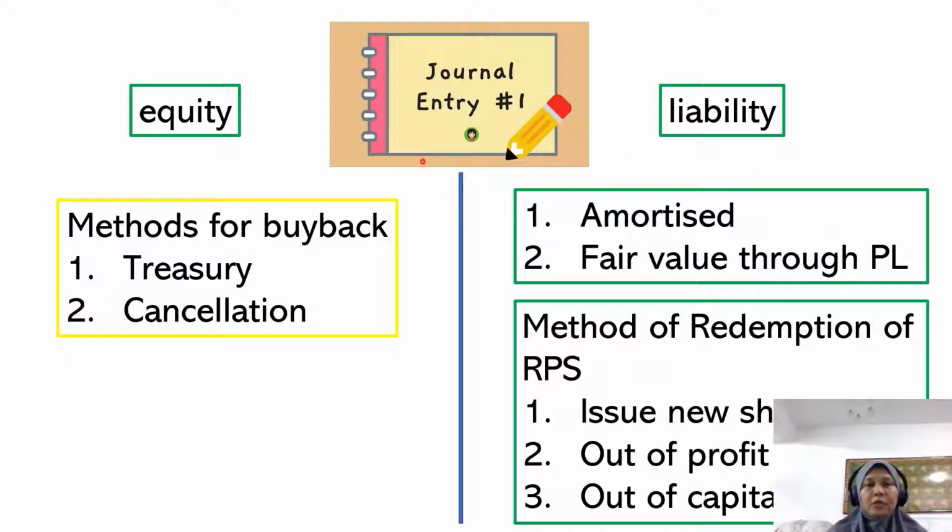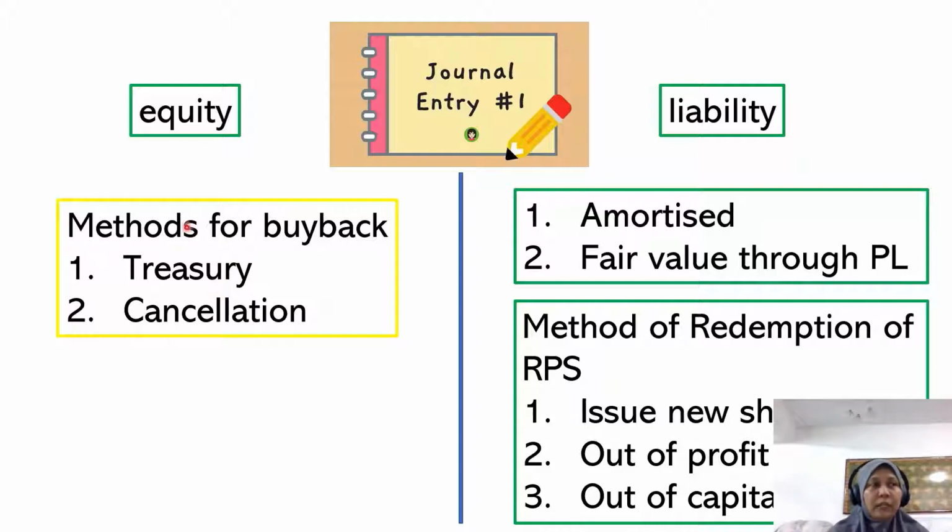Okay, so the methods involved under equity instruments are for the buyback, where we only have two methods for the purchase of the company's own shares. Either the company purchases and retains its shares as treasury shares, or the company buys back its shares for cancellation.